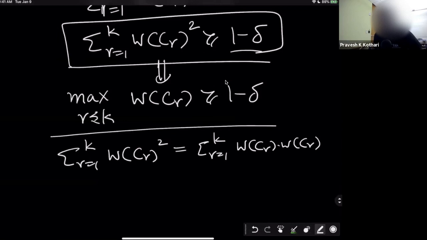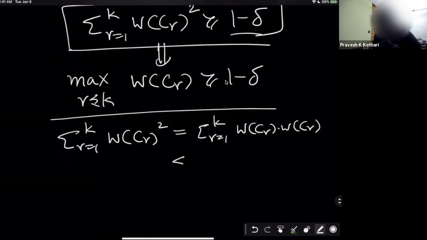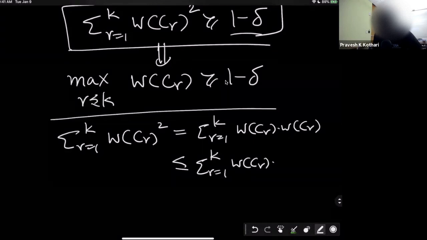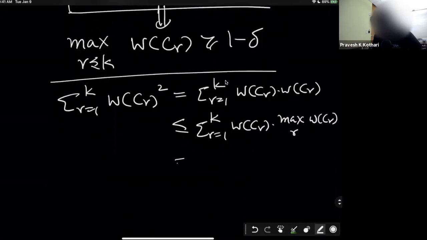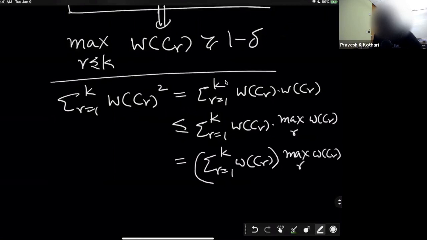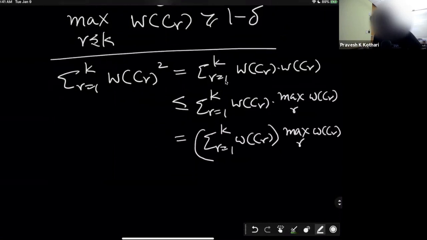And then observe that I can upper bound this by WCR times max over R of WCR. Agree? And so what I have now gotten is, and we convince ourselves that on the left hand side, the first term is 1.